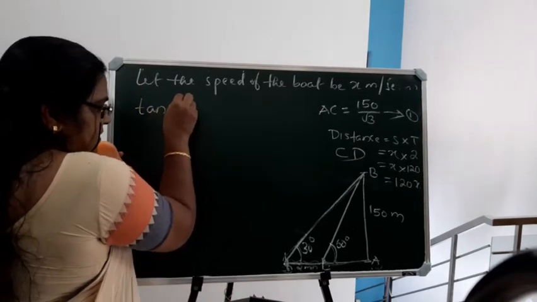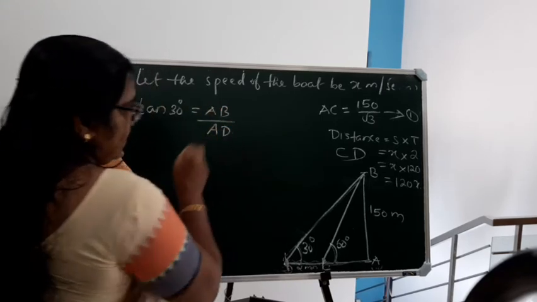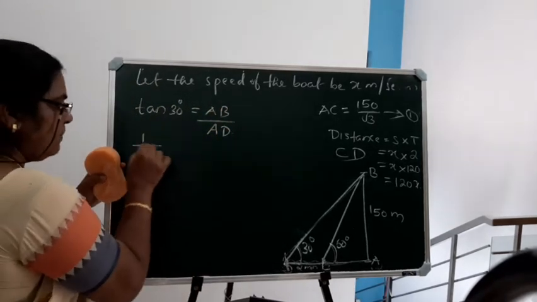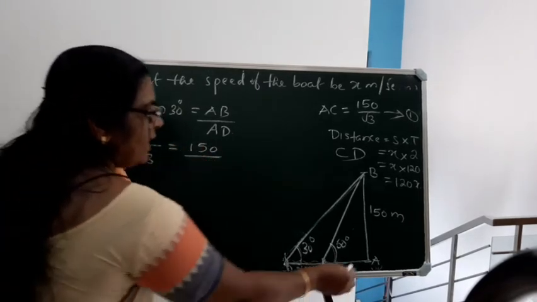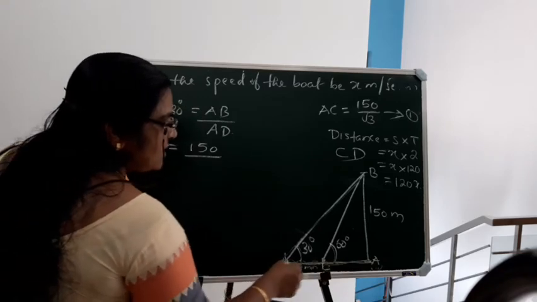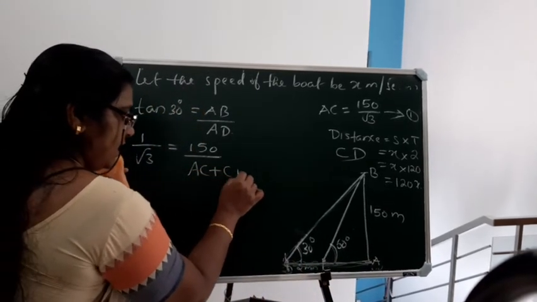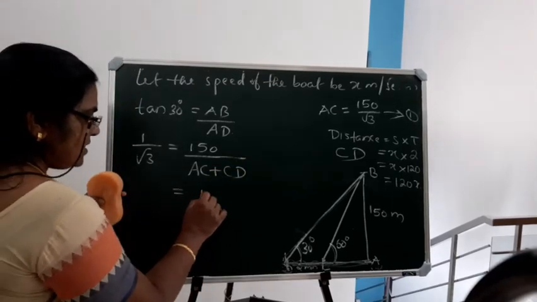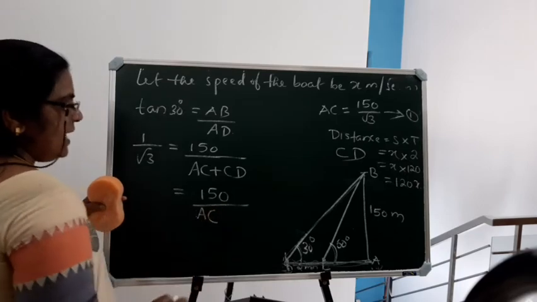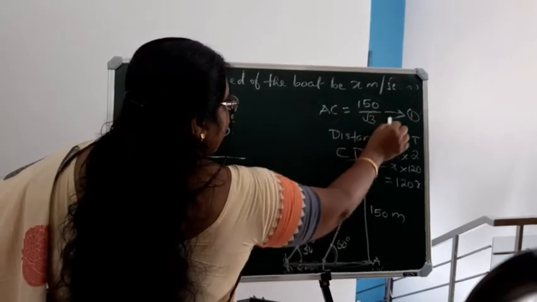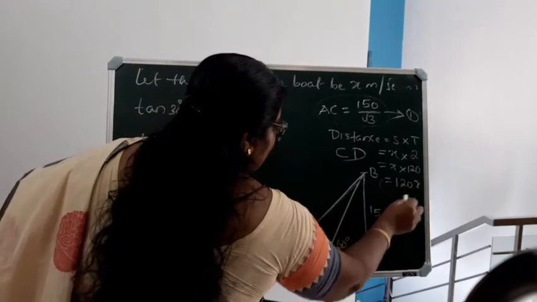Then consider the next triangle, tan 30. Tan 30 degrees equals AB divided by AD. Tan 30 is 1 by root 3. So 1 by root 3 is equal to AB, 150, divided by AD, which is AC plus CD. We know AC is 150 divided by root 3, and CD is 120x.